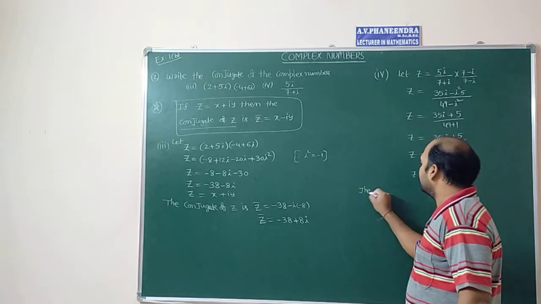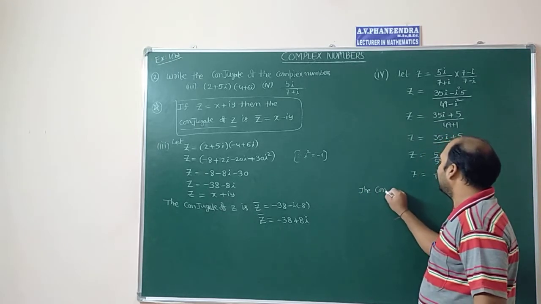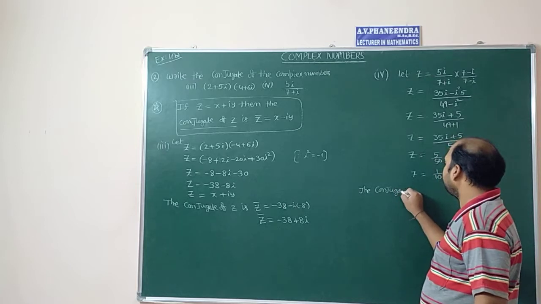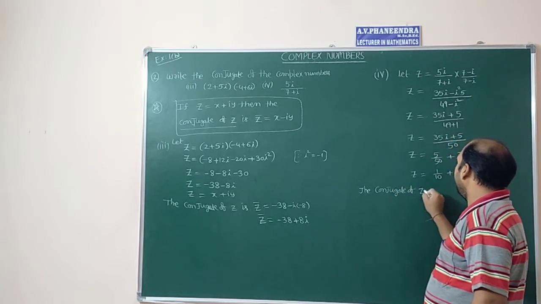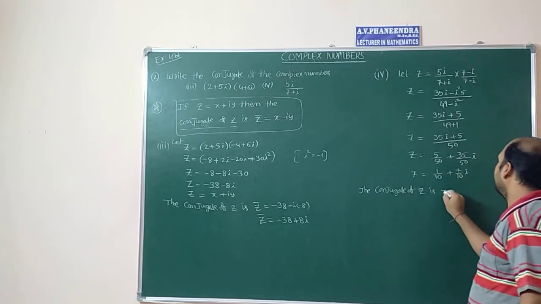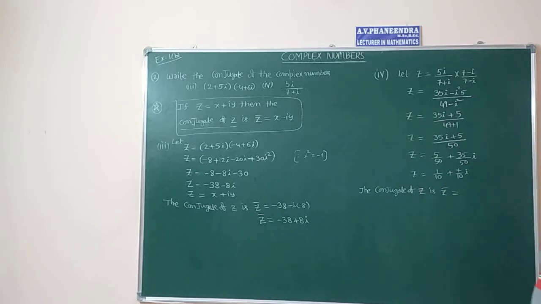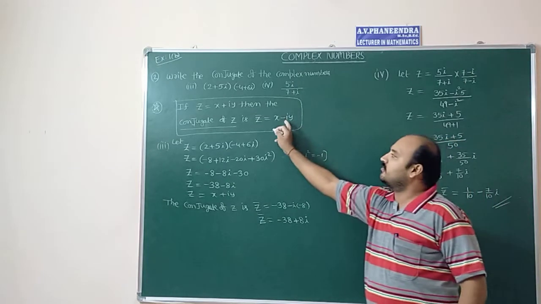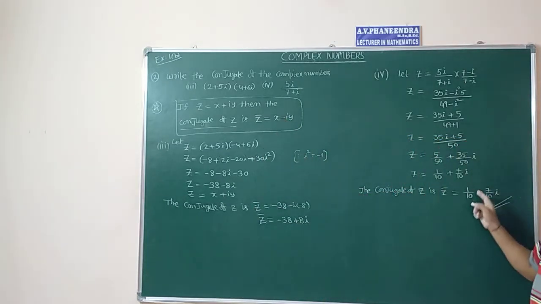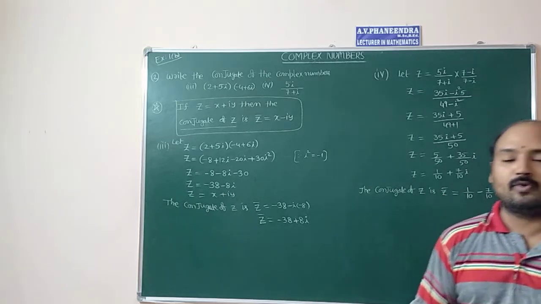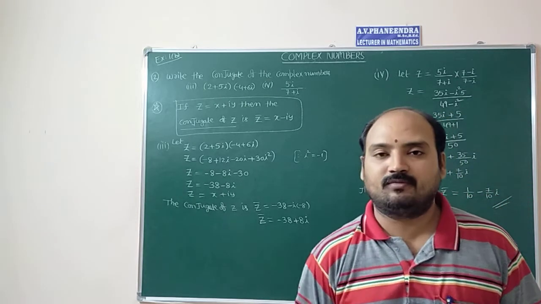The conjugate of z is z bar equal to 1 by 10 minus 7 by 10 i. X plus iy means x minus iy is the conjugate of the given complex number. So 1 by 10 minus 7 by 10 i.